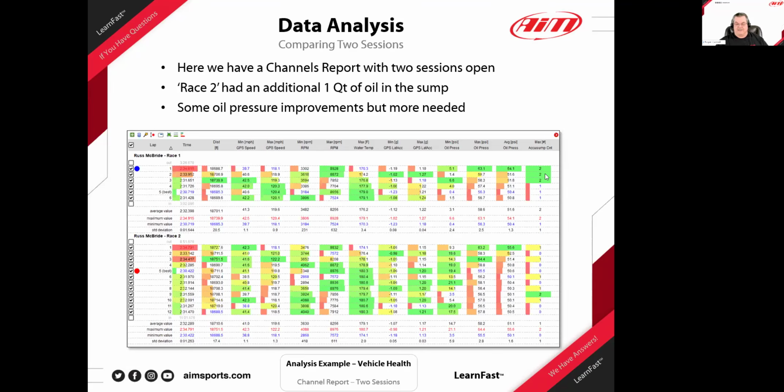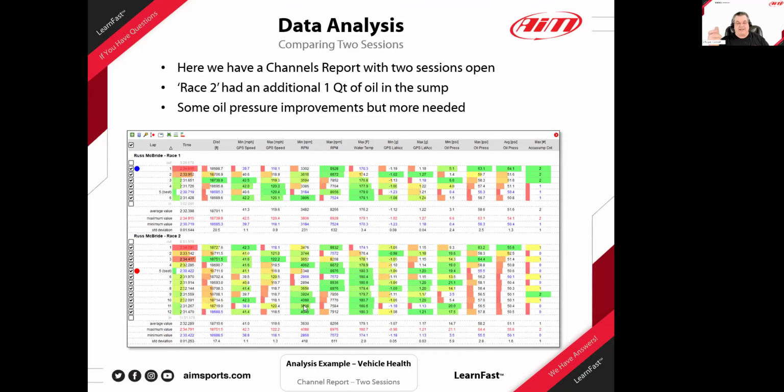And here's race 1 that we looked at already. It had those 2 hits for the first 3 laps, and only 1 hit for the last 3. Now we look at the second race, and we can scroll across this. The one we would want to look at first is the minimum oil pressure, and yeah, it's down in the teens, but certainly higher than it was in the first race, and the race was almost double the length.